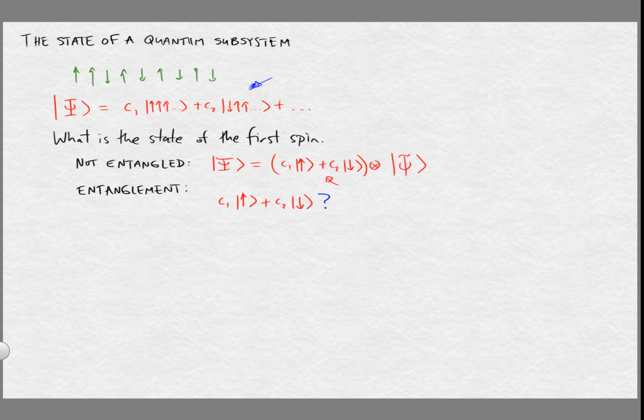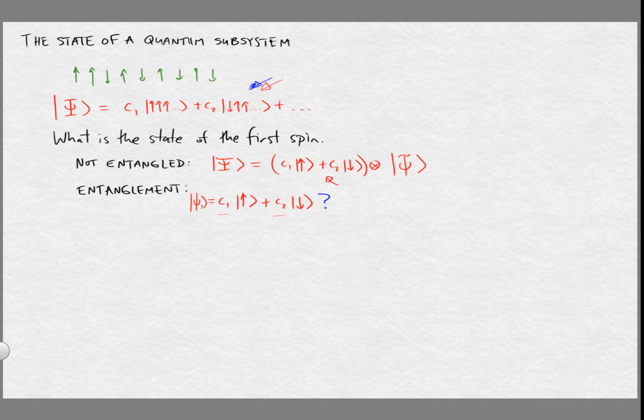So we could measure the spin component in the z direction, or the x direction, or the y direction. And so if we could describe the state of the first spin this way, we would want to choose C1 and C2 so that all the measurements that we could perform on that spin in this state would match with the results of measurements that we would perform on the first spin in our original state.